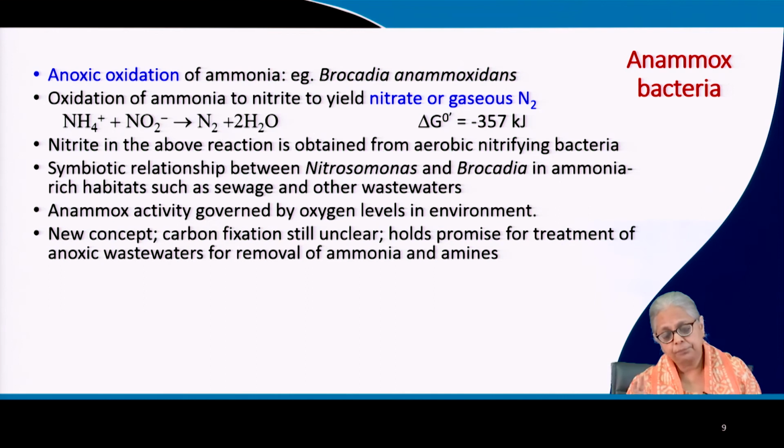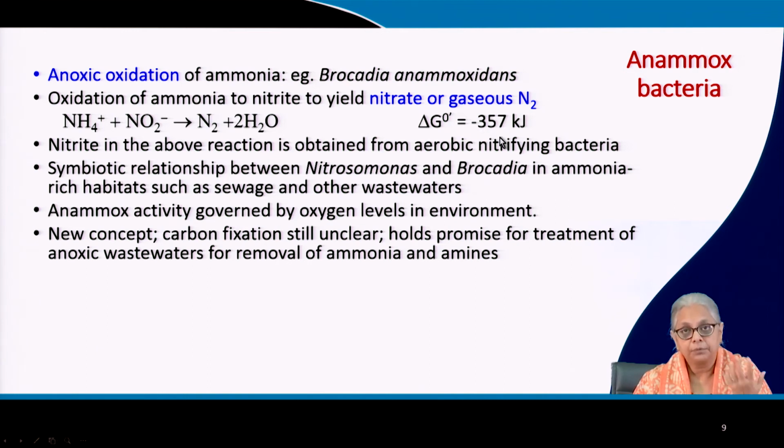basically results from the combination of a reduced nitrogen species and an oxidized nitrogen species and puts nitrogen back in the atmosphere. So this is a very important point, and you can see that the delta G0' for this reaction is fairly high.